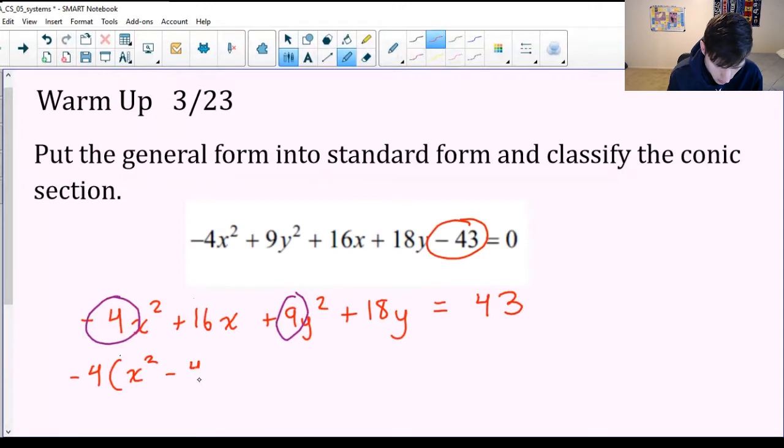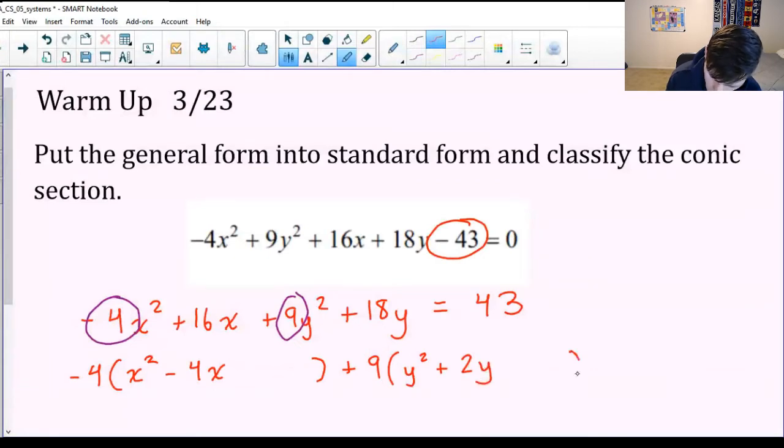So that would turn into x squared minus 4x. And now I'm going to leave some space here because I know I need to complete the square. For my y's and my y squared, I'm going to factor out a 9. So y squared plus 2y. And again, I'll leave myself some space for the completing the square part.